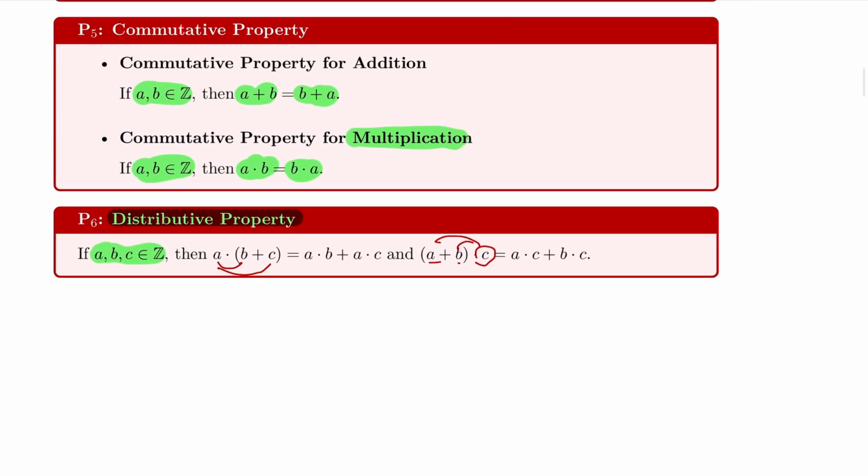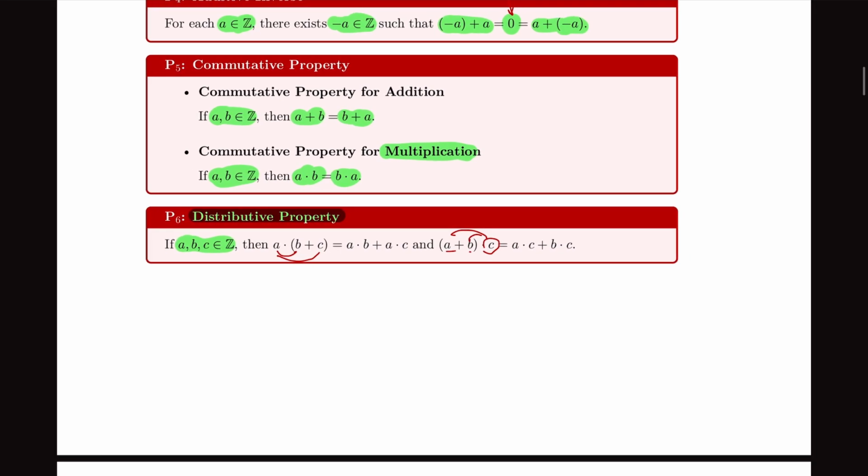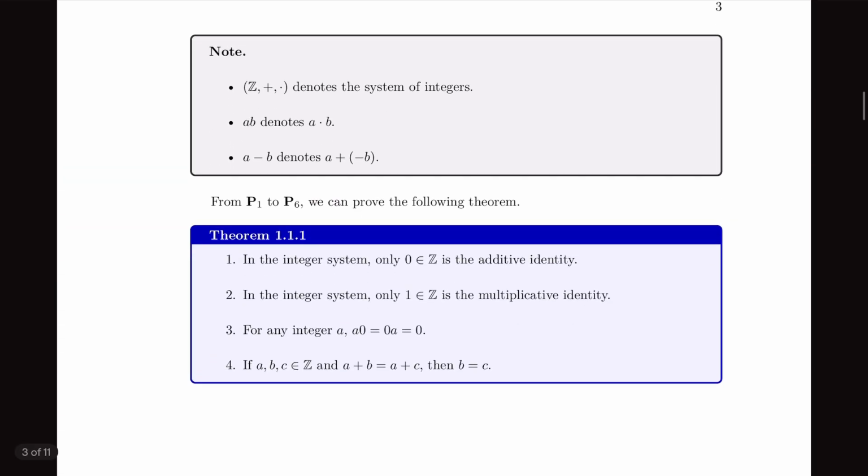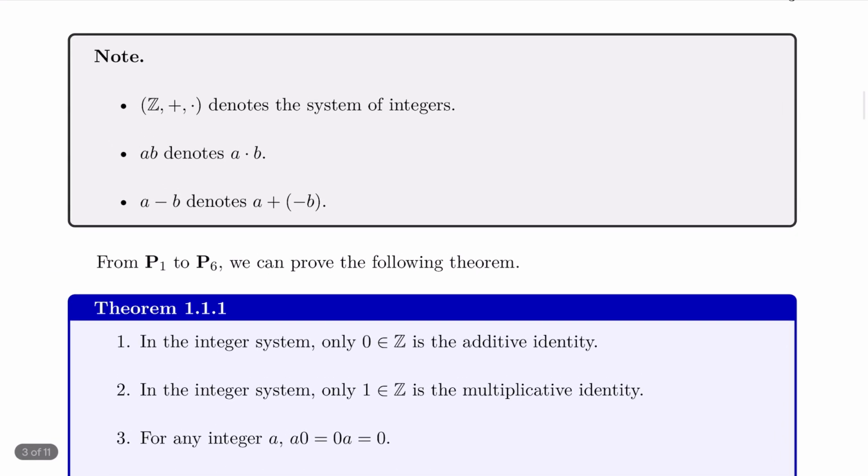All right, so now let's go to the next page. Take a look at this note. If we have these three tuples here, Z is a set of integers, plus is addition, dot is multiplication. These three tuples denote the system of integers.